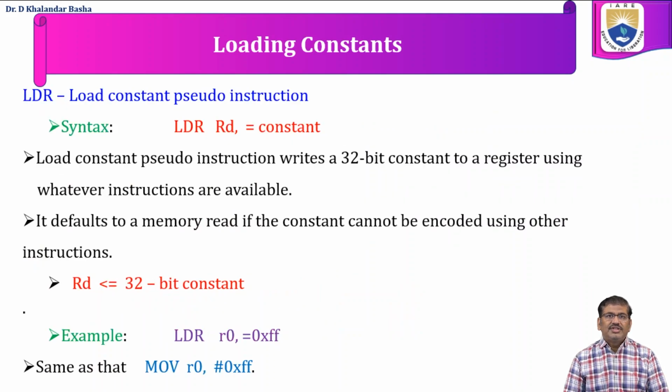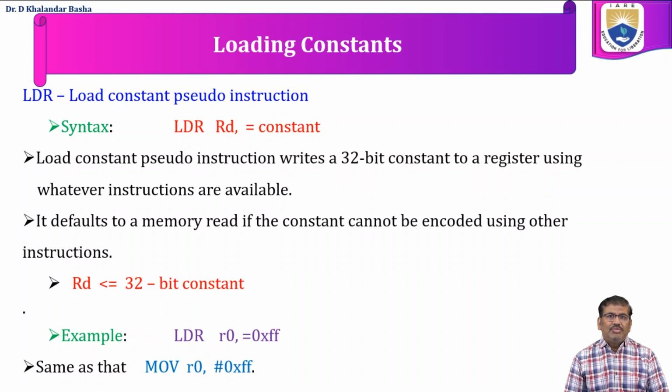Now we will see the LDR instruction, which is the load constant pseudo instruction. The syntax of the instruction is LDR Rd, =constant. The load constant pseudo instruction writes a 32-bit constant to a register using whatever instructions are available.